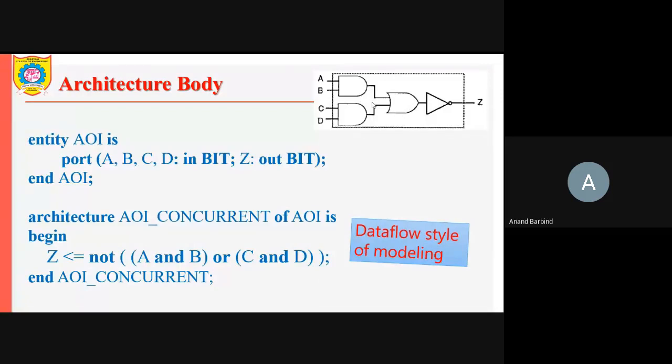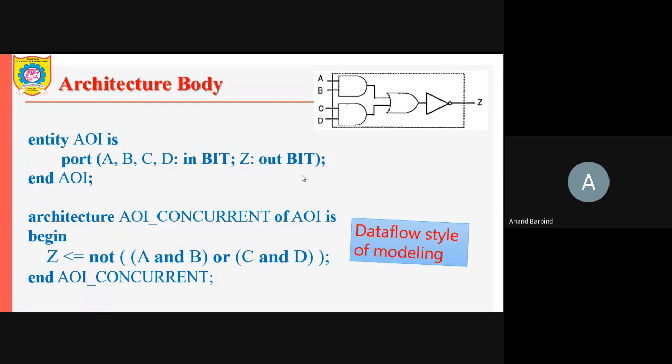In case the circuit is complex, you will have more than one statement, as many statements as you need. You can write them between begin and end to describe this particular circuit. For example, you could have declared some statements in between.